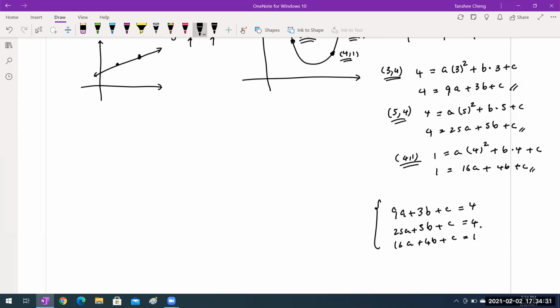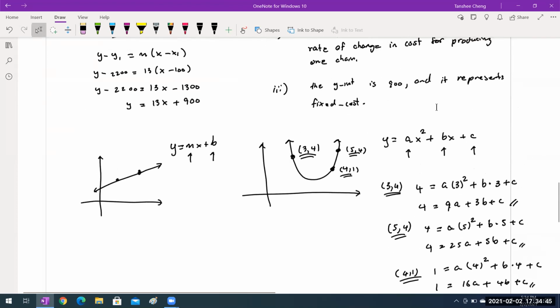You may use elimination, matrices, or a calculator to solve this system of 3 equations with 3 unknowns, and then you will get a, b, and c. When you plug them back into the quadratic equation, that's your model.